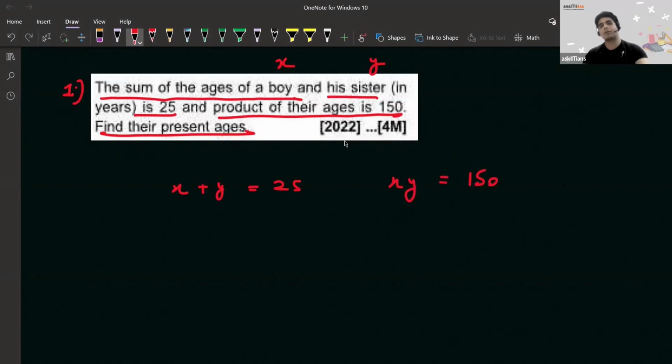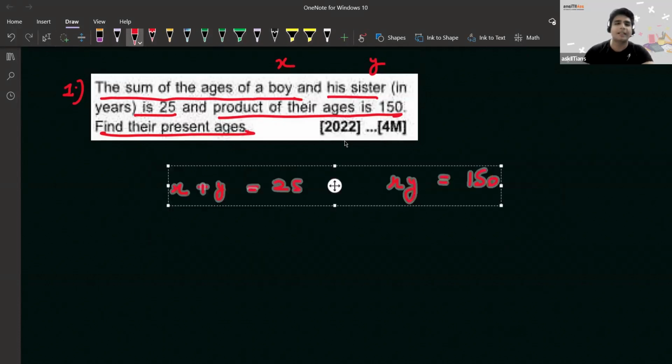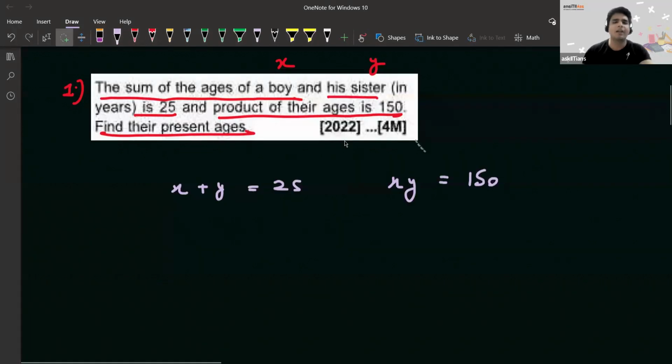Now try this question out, everyone. Very simple question it is. You just need to remember a few identities over here. Just recall the few identities that you know from polynomials and you'll be good to go for this question, everyone. Try it out. Come on, everyone.